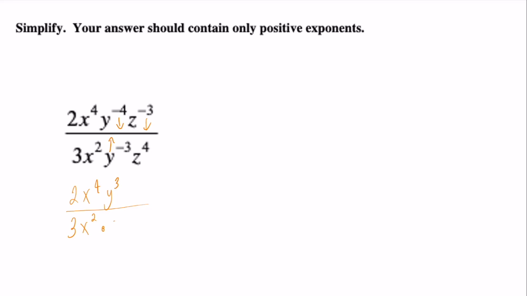The z to the 4s are still down there, but the y to the 4 is coming down, and then another z to the 3 is coming down. So we can simplify that as 2x to the 4th, y to the 3rd over 3x squared, y to the 4th, but then we have 7 z's, so z to the 7th.